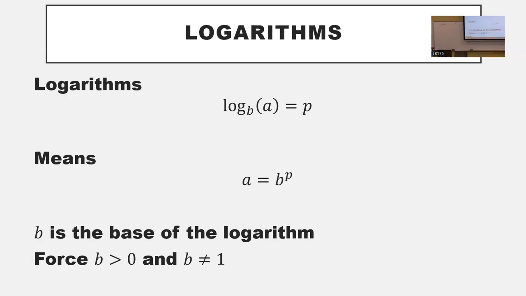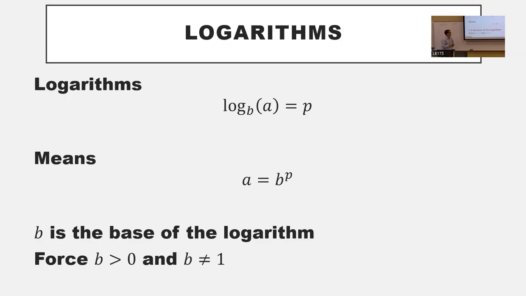Because of this connection, we call b the base of the logarithm, because it's the base of the exponent expression there. And because we dealt with bases in exponential functions where the base was greater than 0, not equal to 1, we'll do the exact same thing with logarithms.